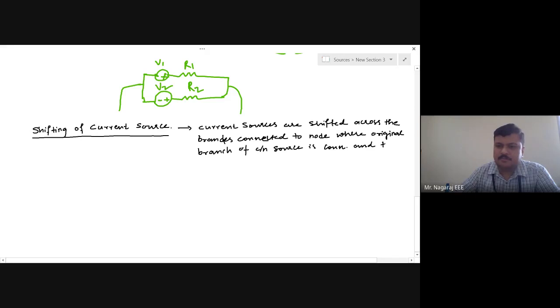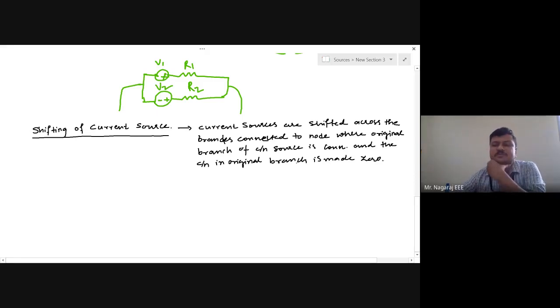And the current in the original branch is made 0. How to make the current 0 in any branch?